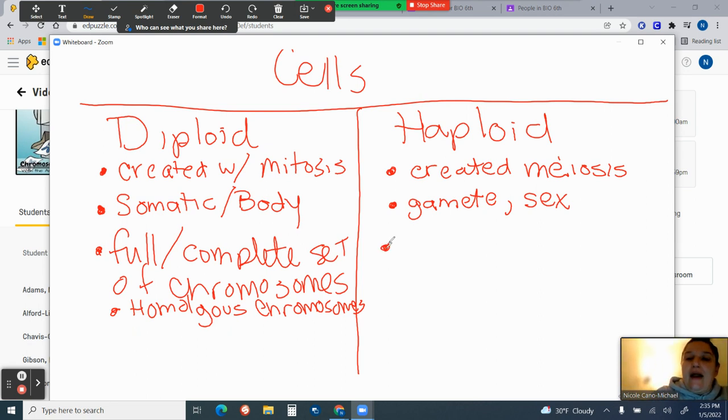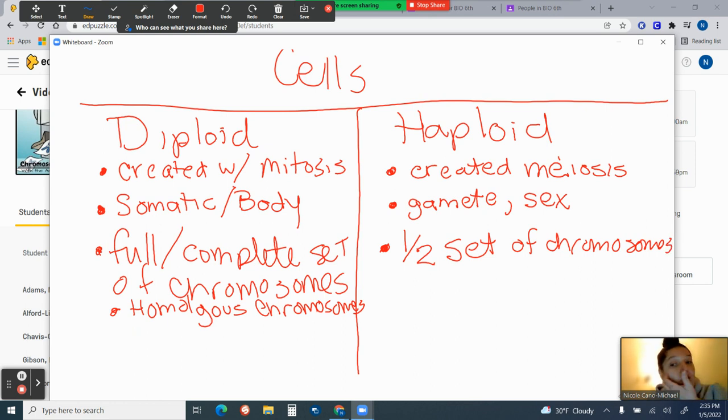Haploid cells, on the other hand, are a half set of chromosomes. So, for example, if an organism has 10 chromosomes total in its diploid cell, then that organism would have a haploid cell of 5. If an organism had 100 chromosomes in its diploid cell, its haploid cell, its sex cell, its gamete would have 50.